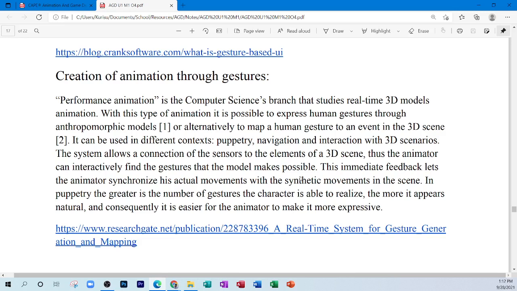This system allows the connection of the sensors to the elements of a 3D scene. Thus, the animator can interactively find the gestures that the model makes possible. This immediate feedback lets the animator synchronize his actual movements with the synthetic movements on the scene. In puppetry, the greater the number of gestures the character is able to realize, the more natural it appears, and consequently it is easier for the animator to make it more expressive.